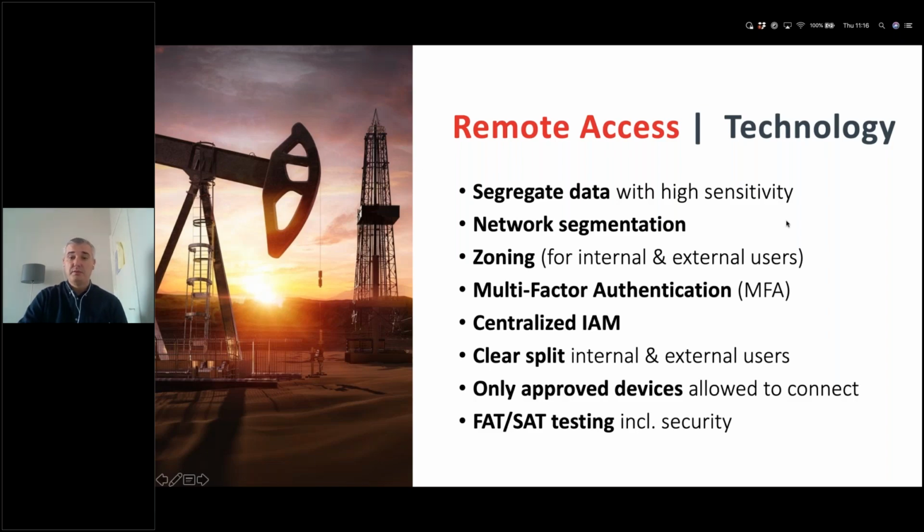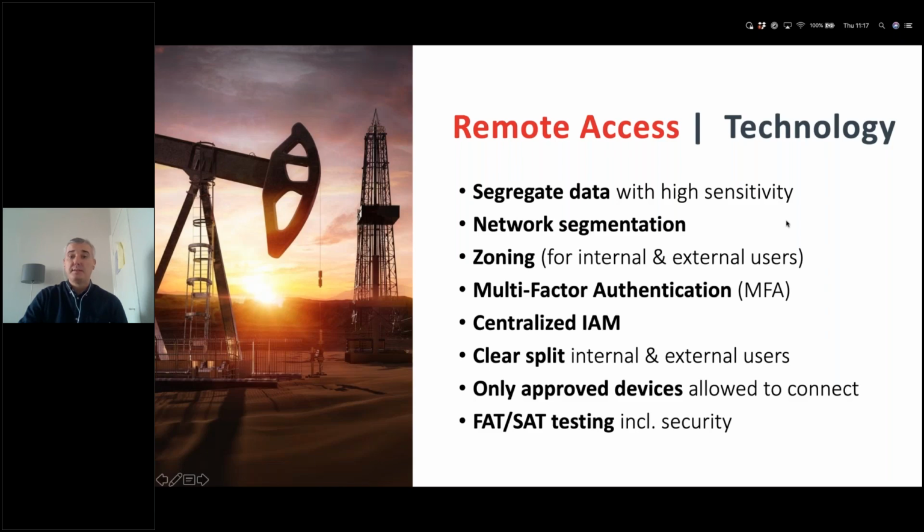But please do not forget that there are a lot of legacy devices that might not be able to use these access management technologies. For those, you have to really think and create a secure way of being accessed.